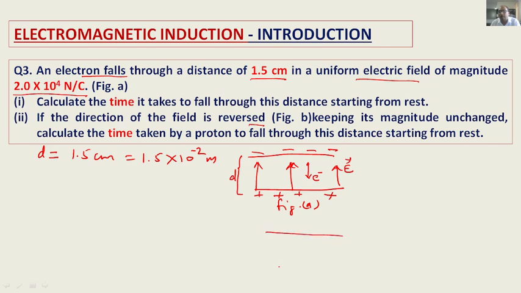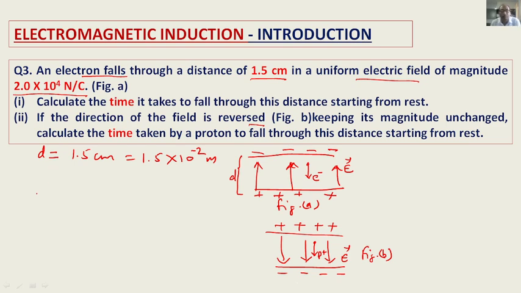So in the second figure, figure B, the plate becomes positive because the direction of the field is reversed. The electric field will be in this direction, and a proton, which is a positive charge, falls here.